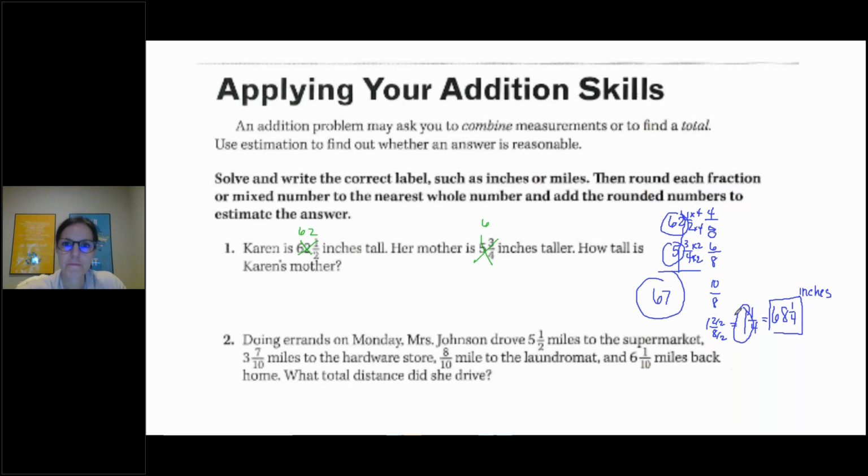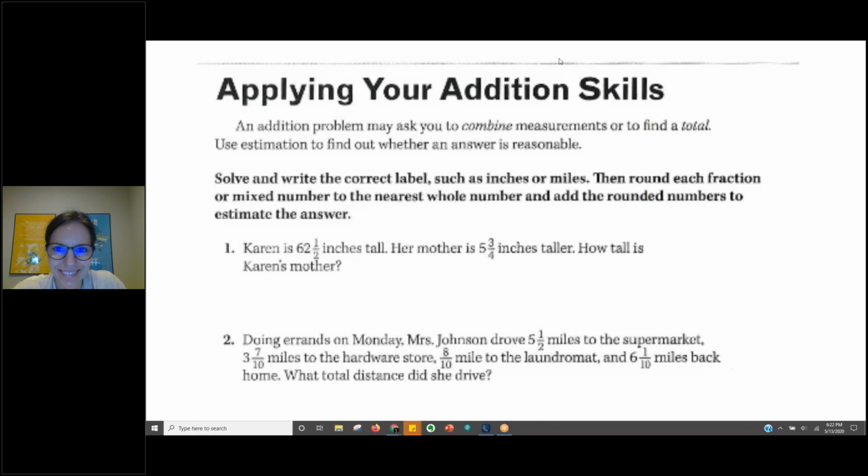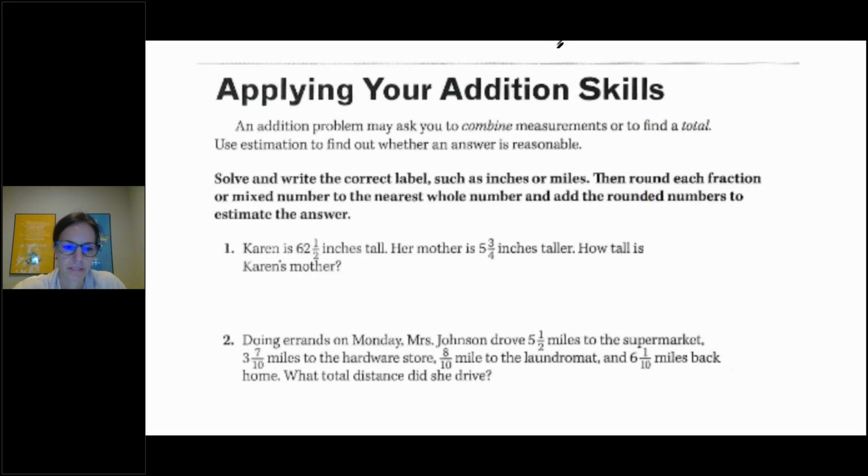Add them. Yeah, can you tell, or are you just guessing because we've been adding lately? It talks about all the places she went and the distance it took for her to get there, and then it says what total distance did she drive. So we have to add all the distance to get the total distance.